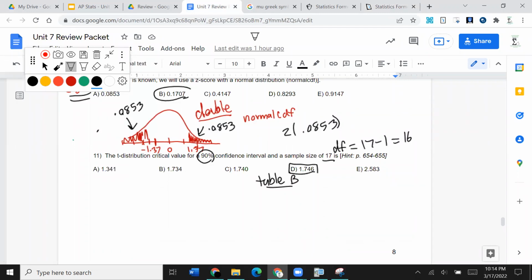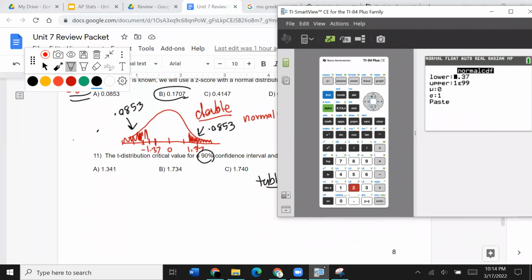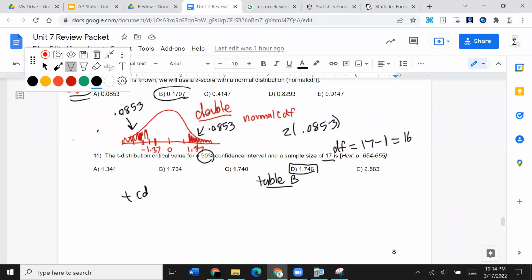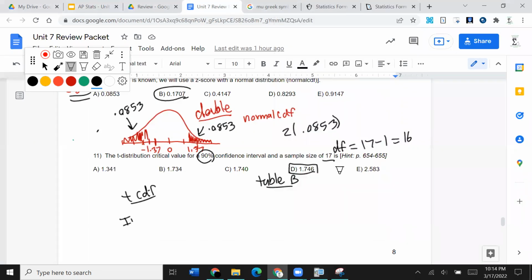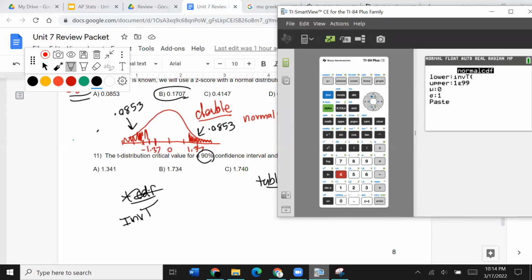Now, if you don't have table B in front of you or like to use the calculator, then you're going to go into inverse T, and you're going to enter the following in. Sorry, inverse T. I don't know what I'm thinking here. Your area is going to be the average of your confidence level and 1.